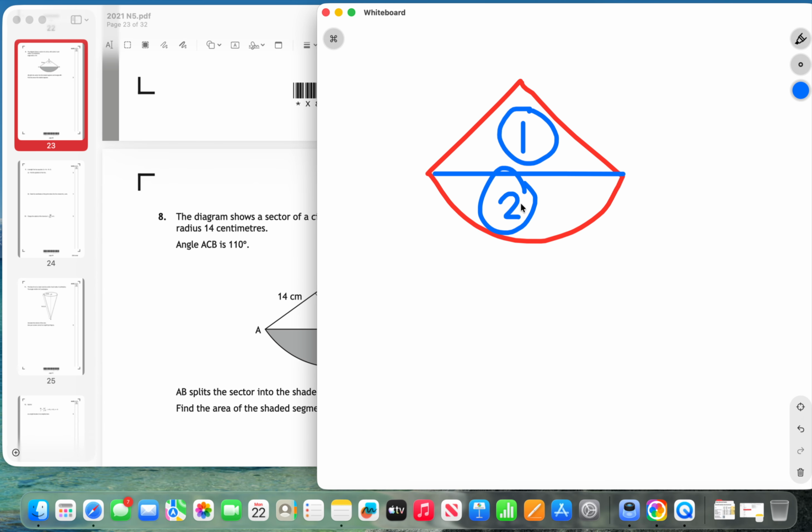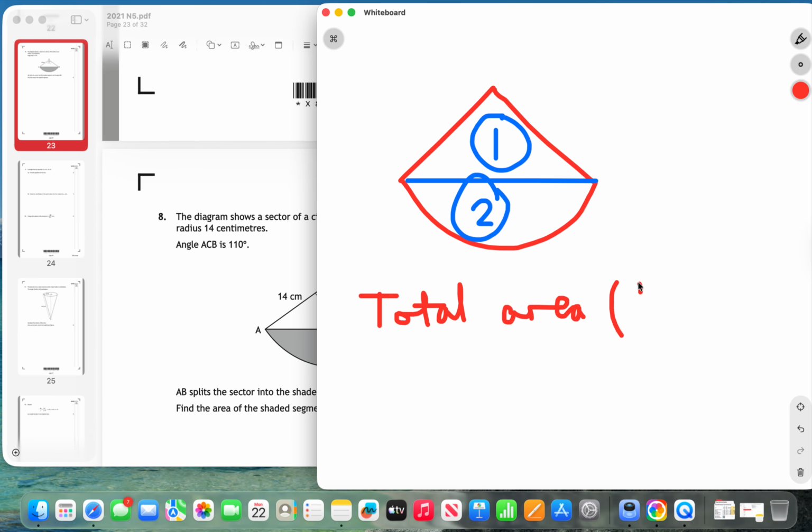So the first thing I said to you was to find the area of the sector. So I'm going to put the total area of the full sector.